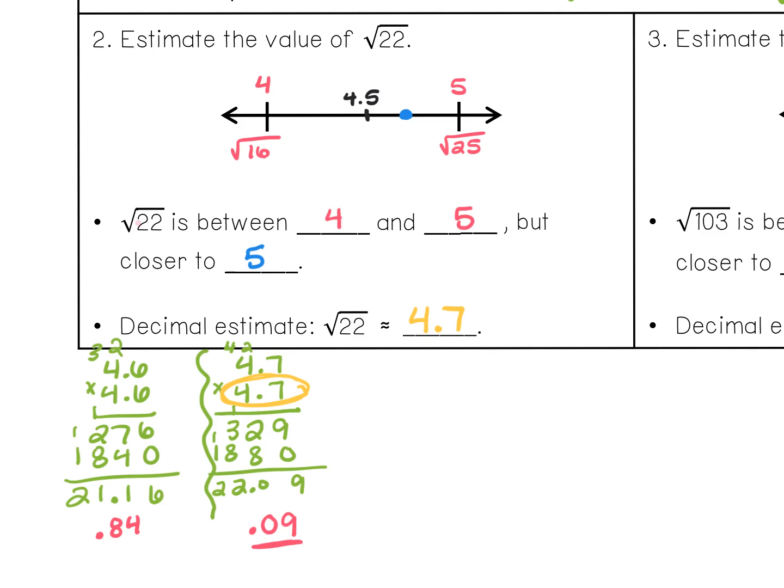So in that first step, when we're deciding what whole numbers it's between, it's kind of like going to the grocery store and saying, okay, what department is it in? Then when we find out what it's closer to, it's kind of like saying, okay, what aisle is it on?